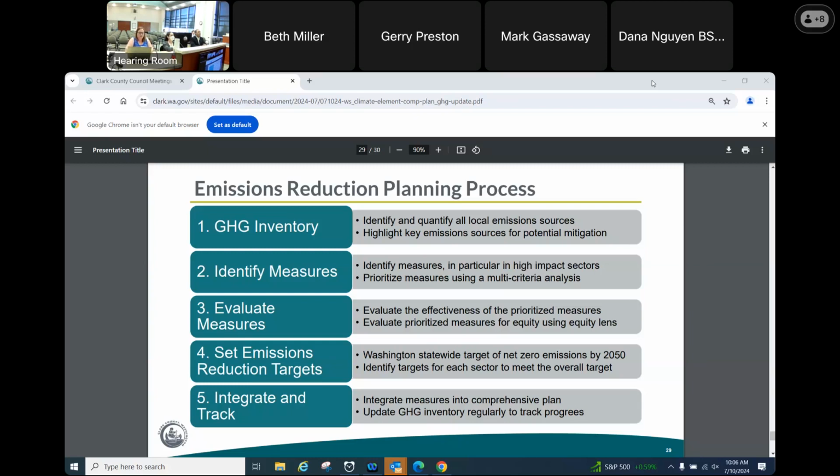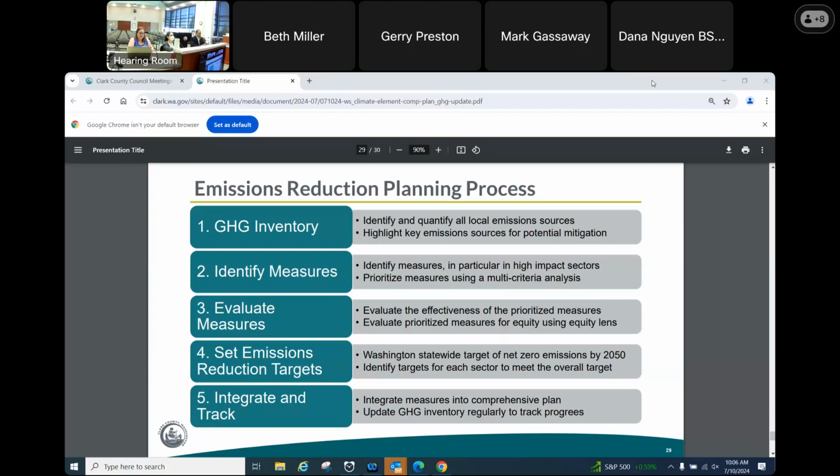And then we will use the equity lens that the Environmental Justice Coalition has developed to ensure that we're meeting that other requirement of the legislation to prioritize equity and environmental justice. So we'll use the equity lens on those measures in order to make sure that we've identified any equity considerations related to them.